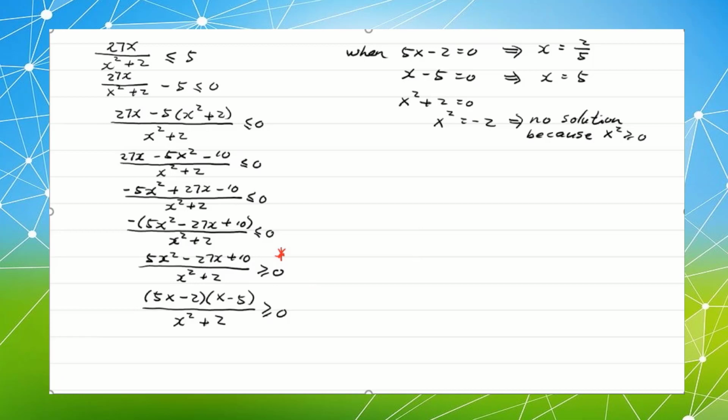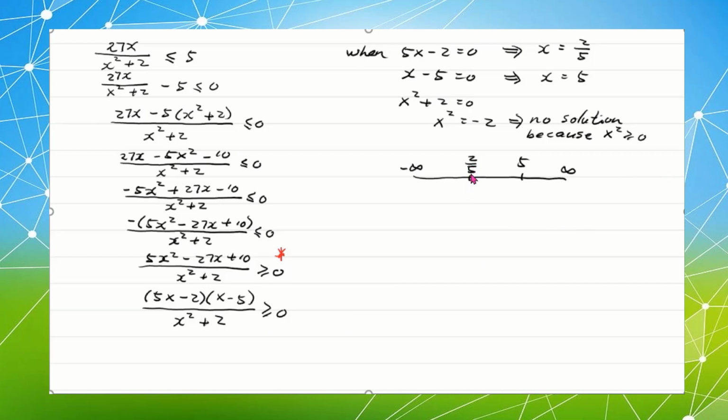Now we mark these values of x on a number line. So we start from negative infinity, 2 over 5, 5, and positive infinity.